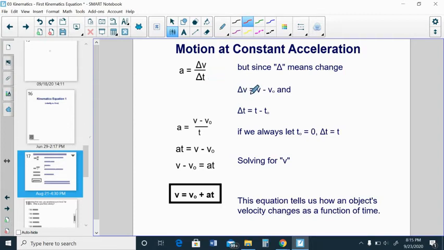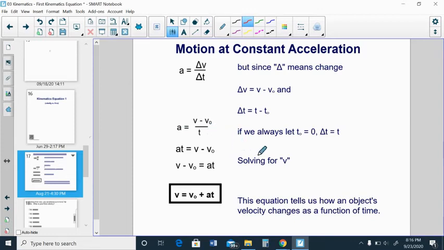The change in velocity is final velocity minus initial velocity, and the same thing for time. The change in time is final time minus initial time, but we're going to let initial time equal 0, so we can just write time. Once we do that, the equation is now acceleration equals final velocity minus initial velocity divided by time.